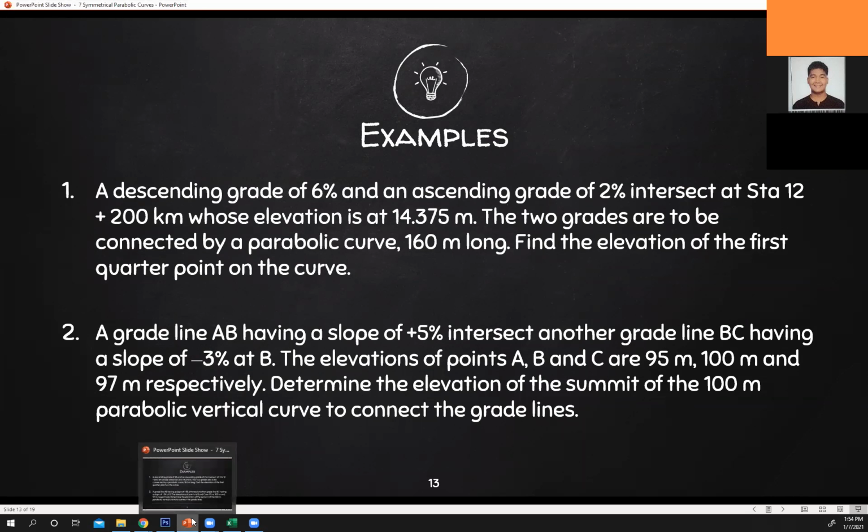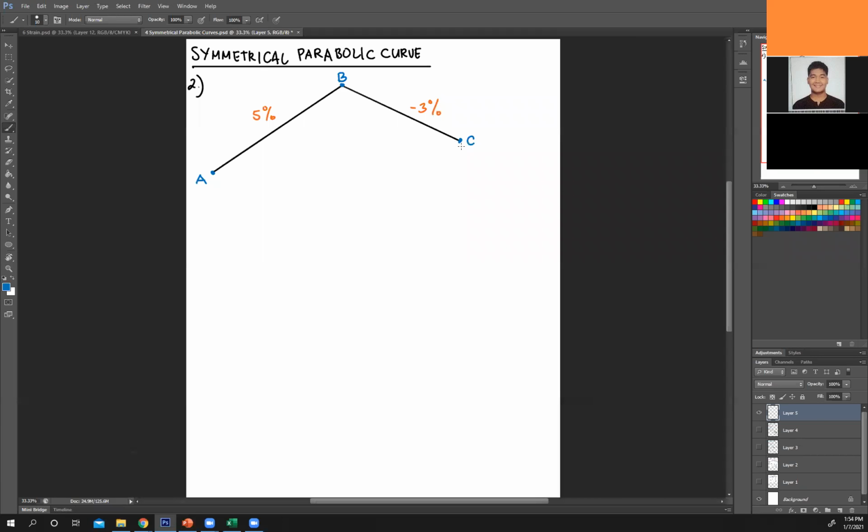Now, first of all, it's not stated here that A is your point PC and point C is your point PT. So it's incorrect to draw your parabola this way, okay? Since again, it's not specified that A is your PC and C is your PT. So your parabola will lie somewhere in the middle of these lines. It's going to look something like this. And then your summit is this point.